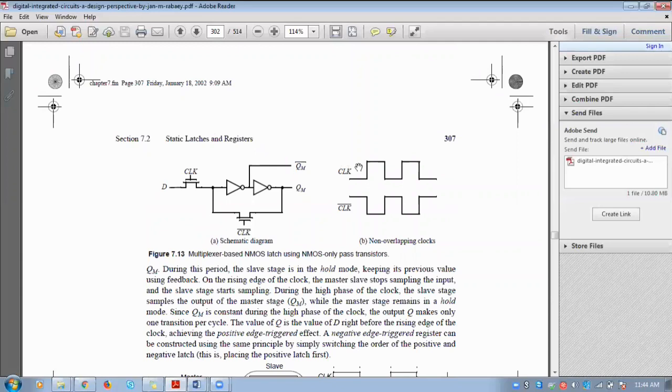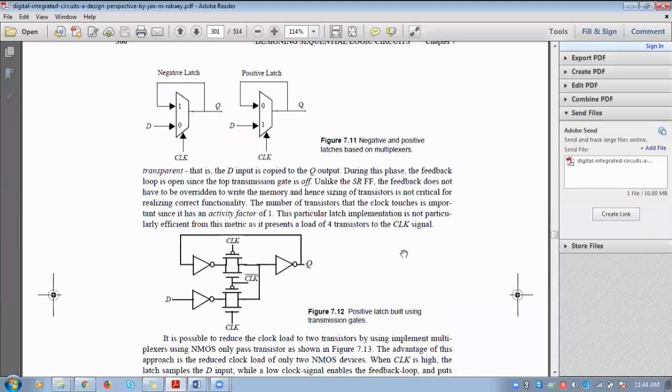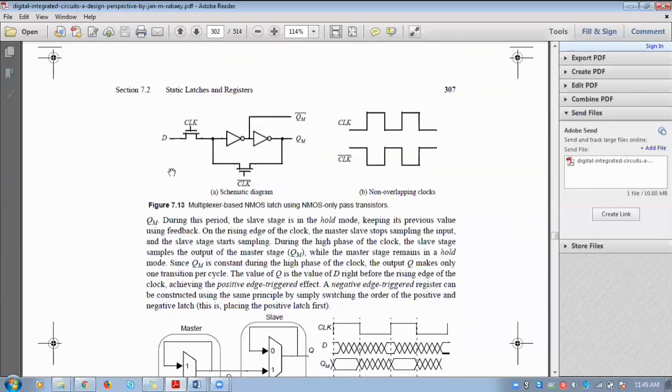It should be connected in slave, and replace clock by clock bar and clock bar by clock, and it will become a negative latch that has to be connected to master. At that time, here no change, Q directly you can connect to the slave region. Here actually Q bar, not this value, you have to connect to the slave. That is the only difference. So if you consider pass transistor design, this particular Q bar only you have to connect to the next stage, that is your slave mode.